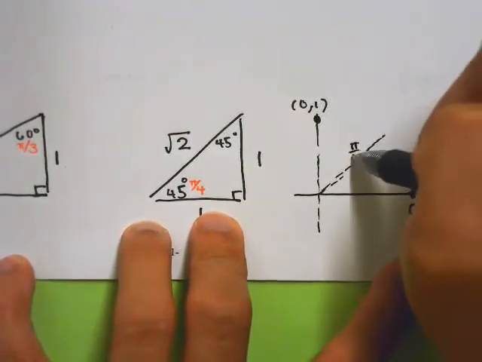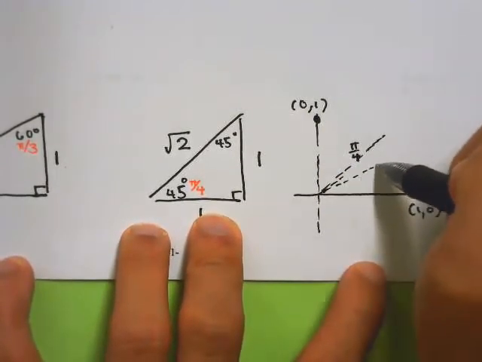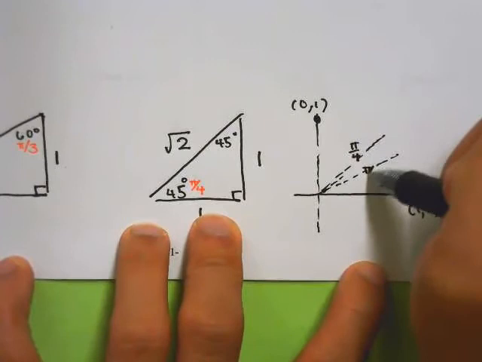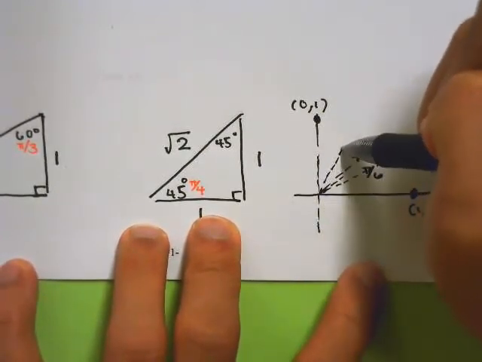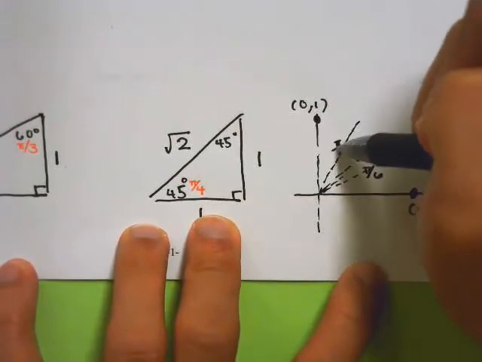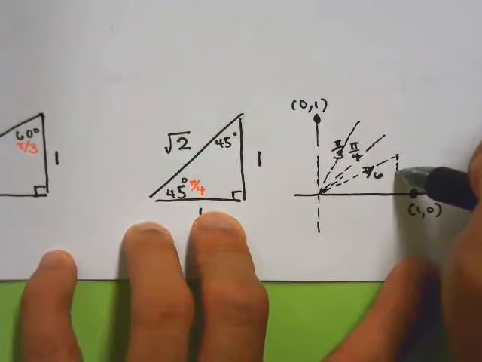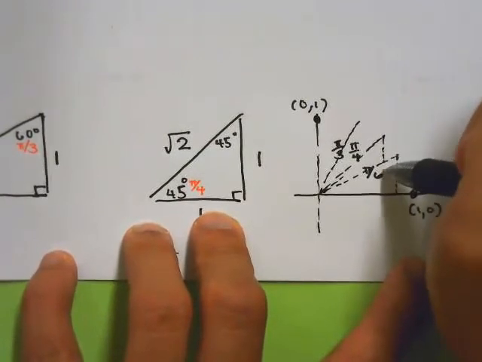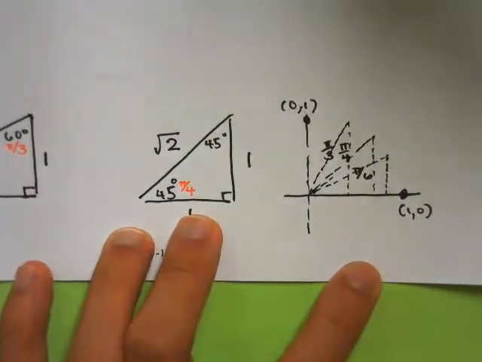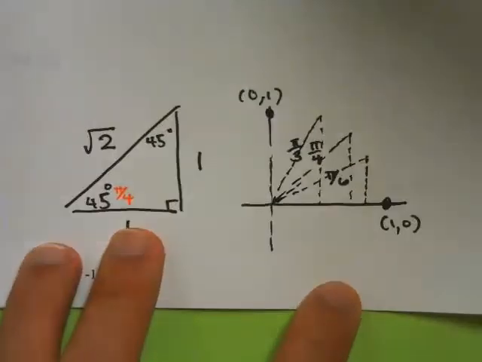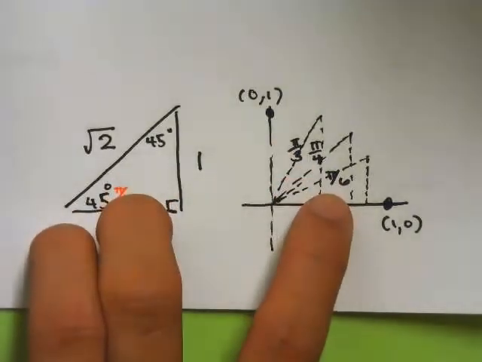This is your pi over 4. This is your pi over 6, or 30 degrees. And then I guess your pi over 3 will be over here. Okay. And then they make these triangles like this. It's just a rough sketch. So yeah, pi over 3, pi over 4, and then pi over 6.